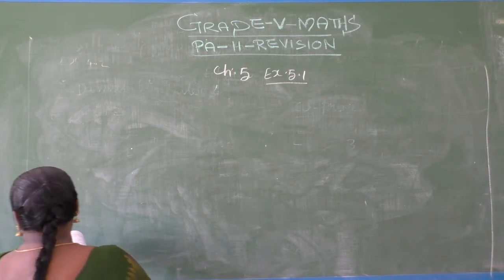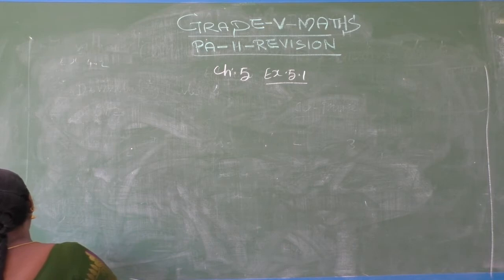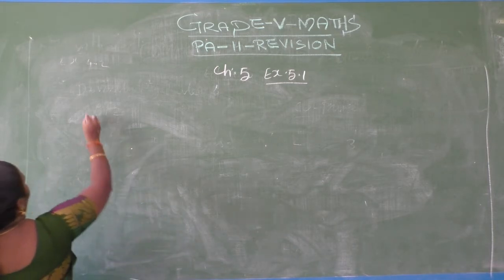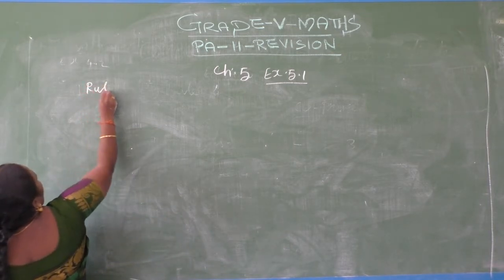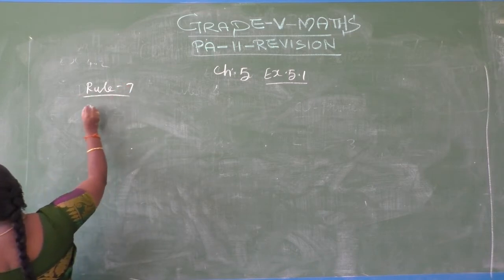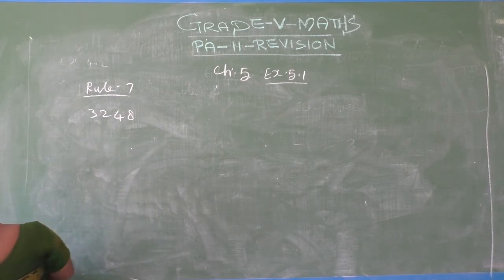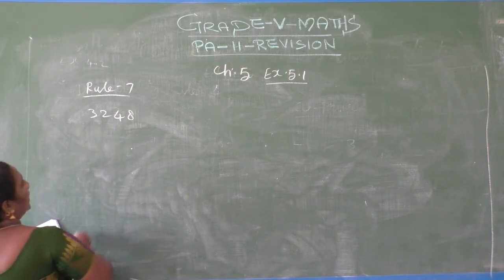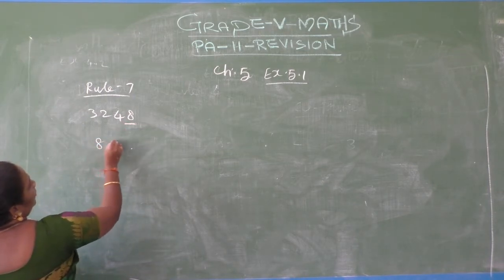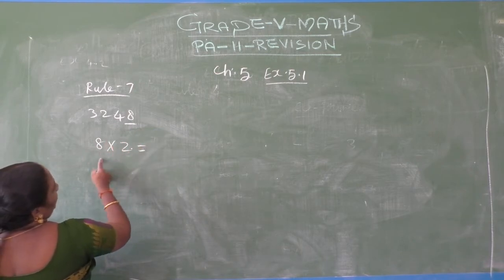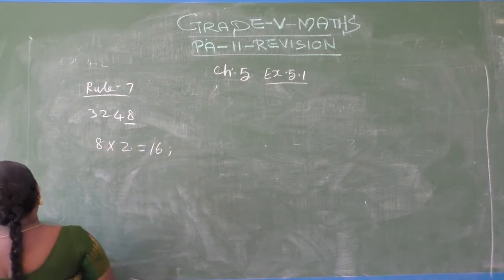Then what is the rule for 7? Example 3248. Here what you have to do? Take the ones place number and double it. That means multiply that number by 2. Now you get 16.